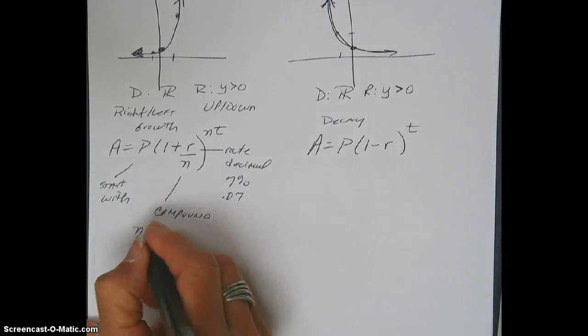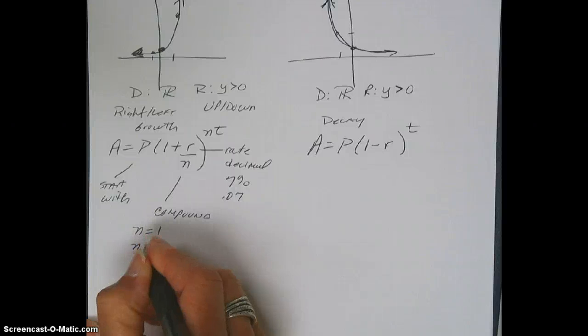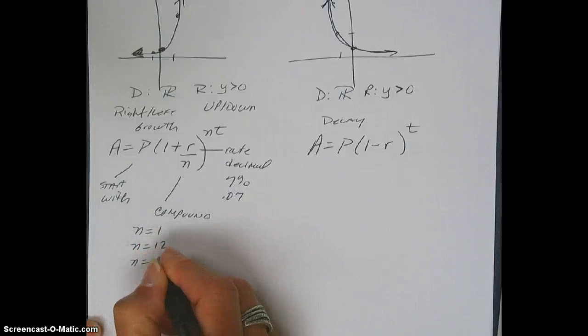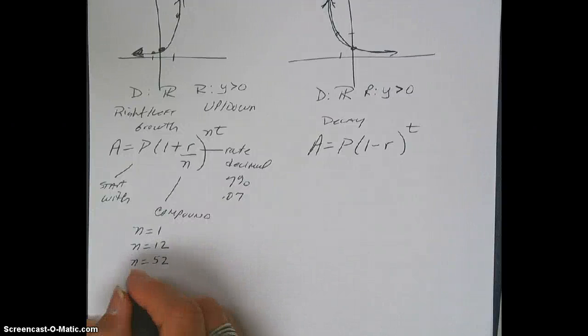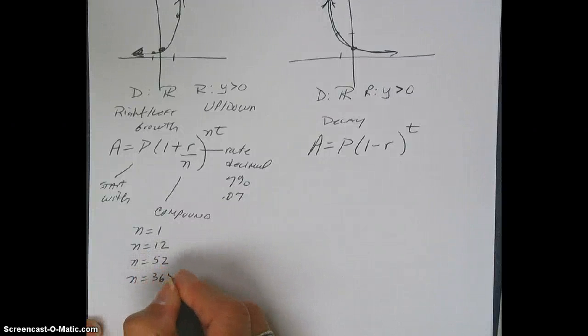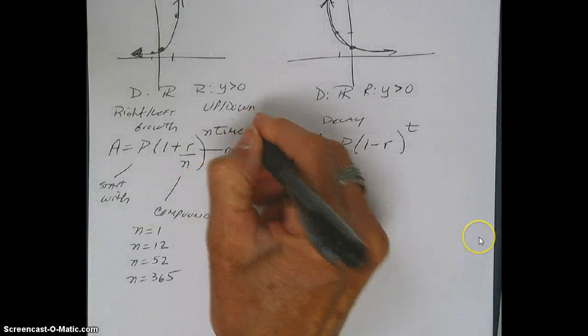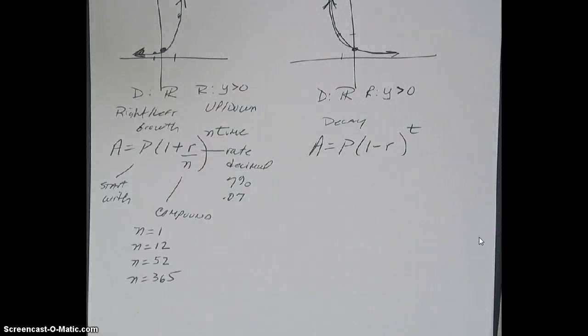So if we compound once a year, monthly, weekly, daily would be those values. Okay, so take a minute, hit stop, pause, and make sure that you get all of these values. t is time, and that's usually in years or days.